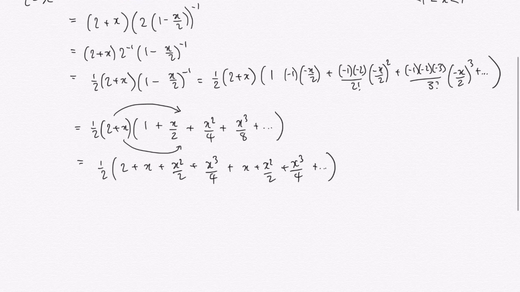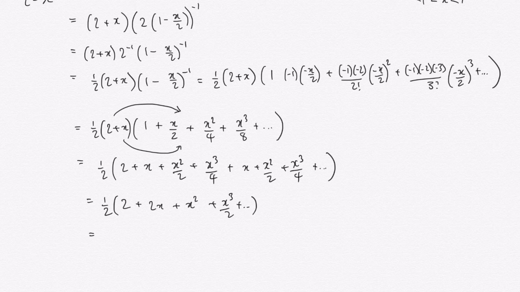So then, collecting like terms, we have a half of 2 plus 2x plus x squared plus x cubed over 2, and then expanding this out, we have 1 plus x plus x squared over 2 plus x cubed over 4 plus the higher order terms.